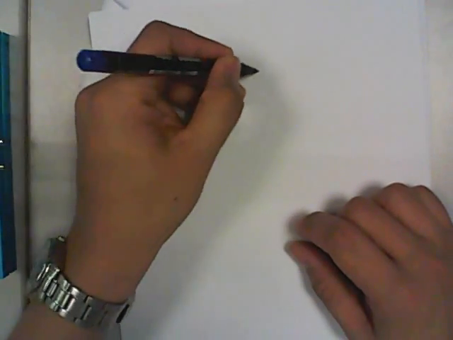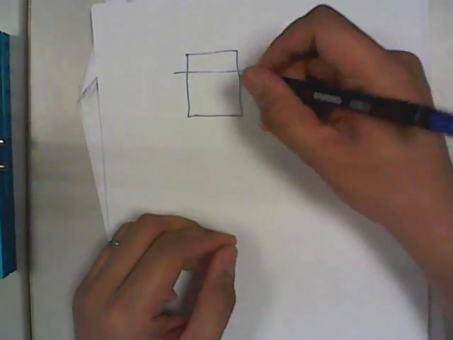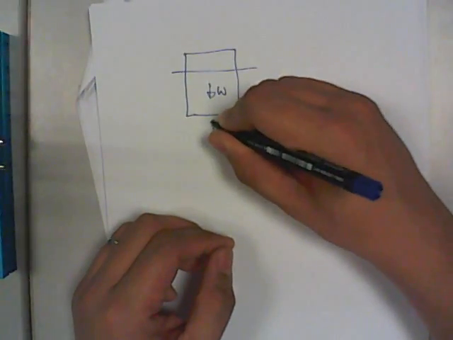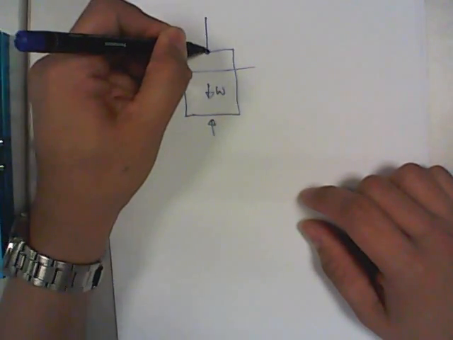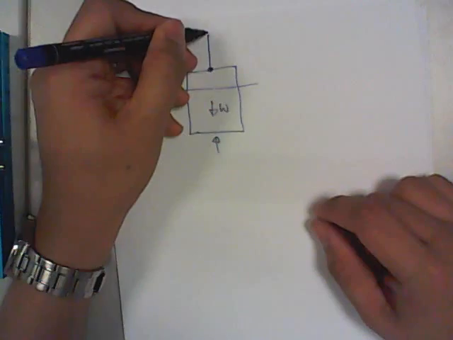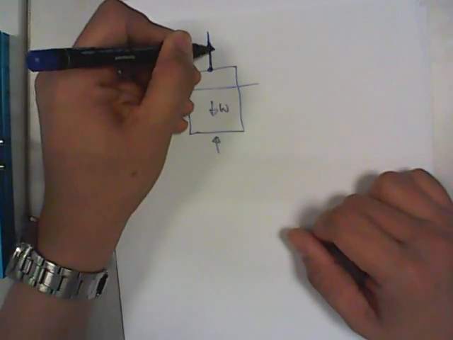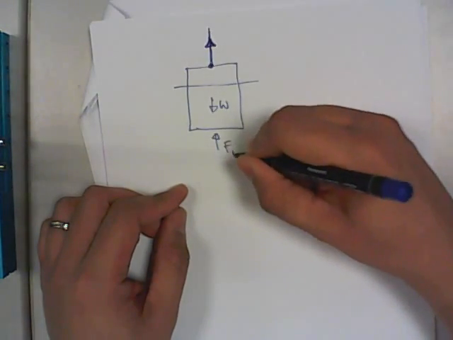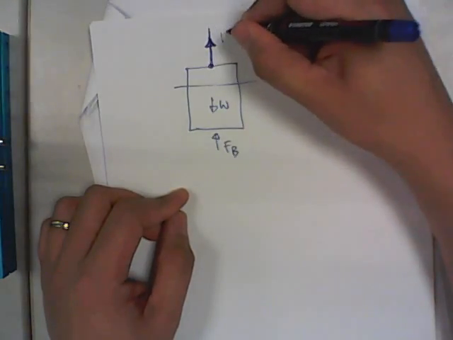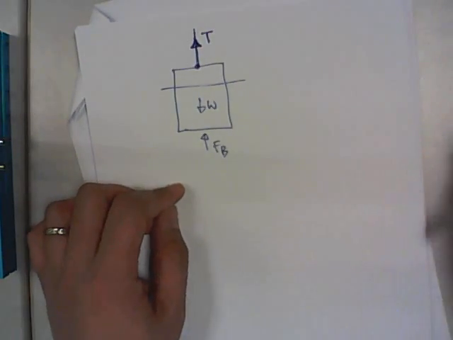Because there are sometimes when the question, apart from the weight and the buoyancy, will also have a cable that is attached to the object. And this cable is supposed to have a tension force pulling the object up. So this tension force, if you remember your mechanics, is T. This is a tensional force.